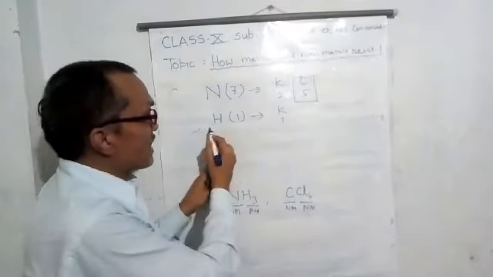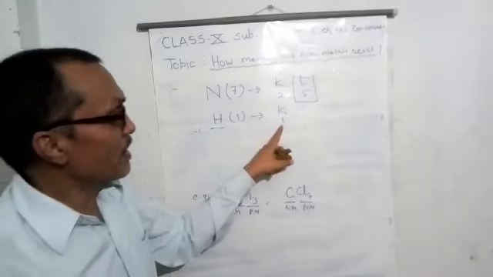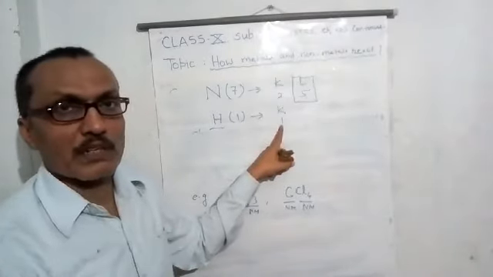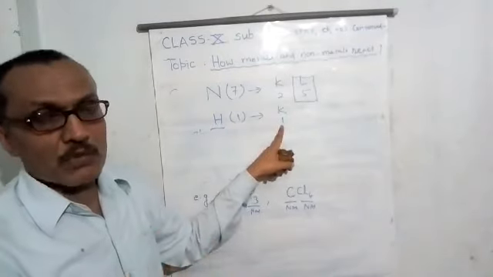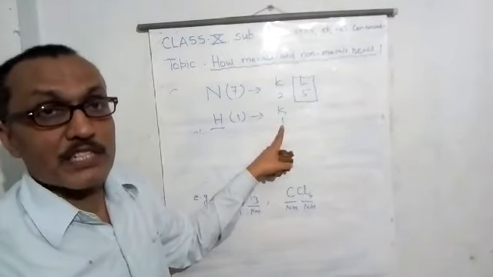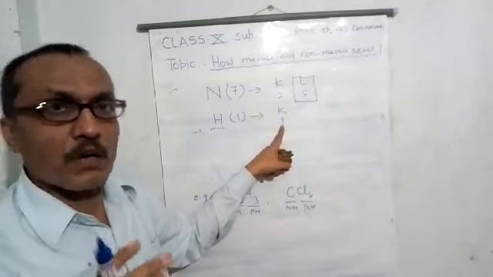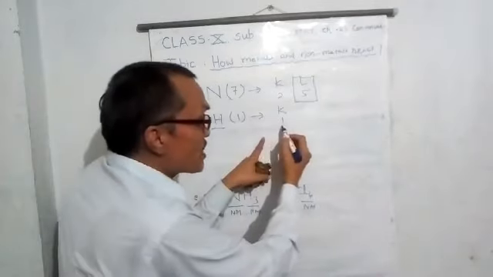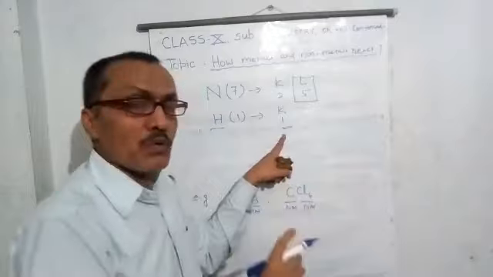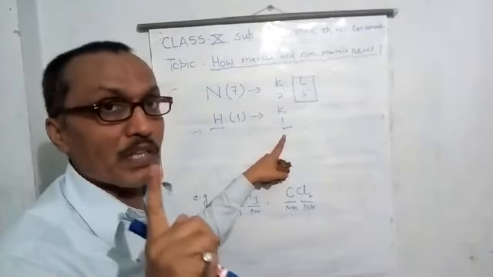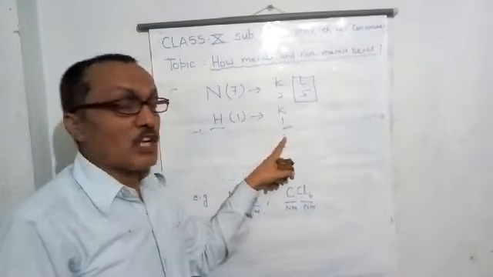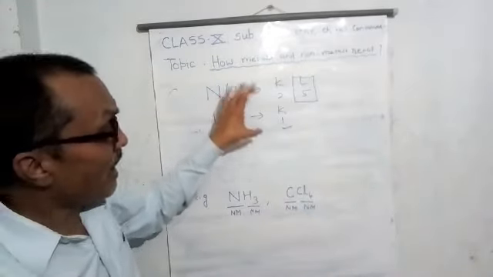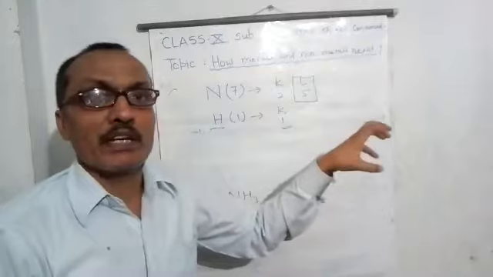And in case of hydrogen, there is 1 electron, and its nearest noble gas is helium, which has 2 electrons in its outermost orbit. So hydrogen also requires one more electron to become stable like helium. So both are in need of electrons.